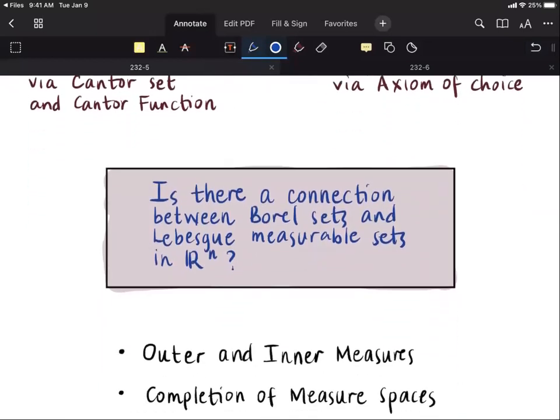Well, to answer this question, we need to consider another concept of measures, inner measures, and relate this to the concept of outer measures that we have already discussed. And after that, we discuss how to complete measure spaces. So what do we mean by a complete measure space? We will discuss this in the succeeding lectures.